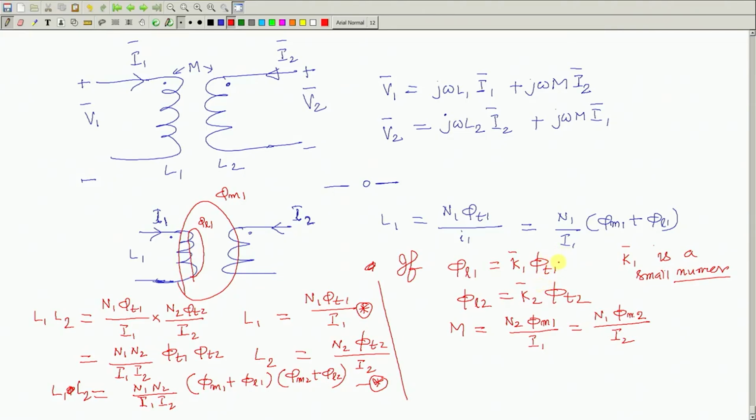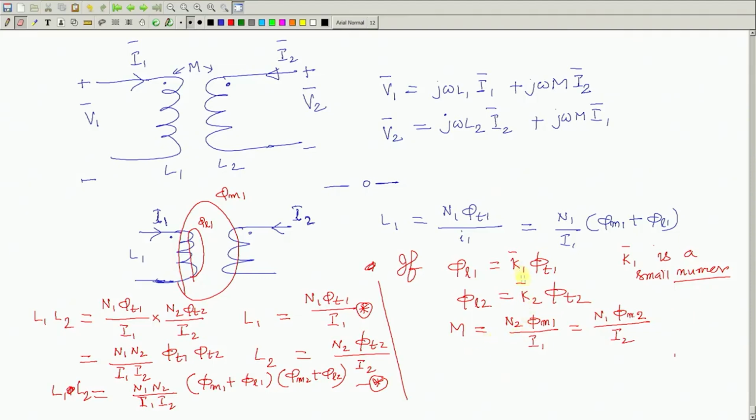Phi L1 can be written with this factor 1 minus K1, so K1 bar. This is the mutual inductance term.